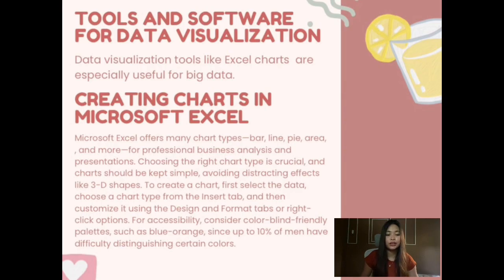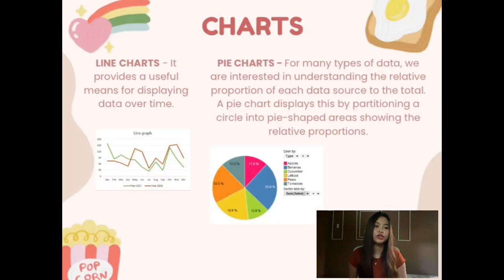To create a chart, first select the data, choose the chart type from the Insert tab, and then customize it using the Design and Format tabs or right-click option. For accessibility, consider colorblind-friendly palettes such as blue or orange, since up to 10% of men have difficulty distinguishing certain colors. So let's now proceed to the charts.